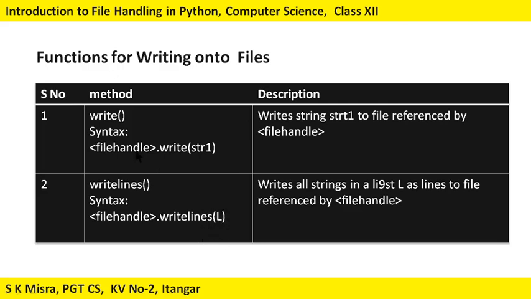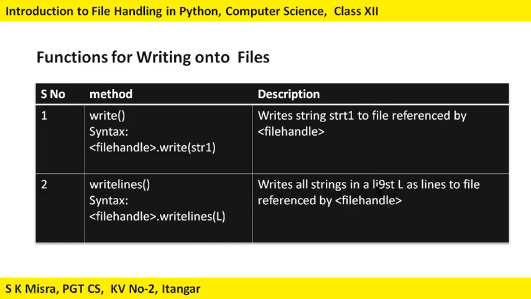Now let us see the description of both functions. For write, the description is: it writes the string1 to the file referenced by the file pointer. So the string that I am providing as an argument will be written into the file which is pointed by this file pointer. In case of writelines, it will write all the strings present in the list.